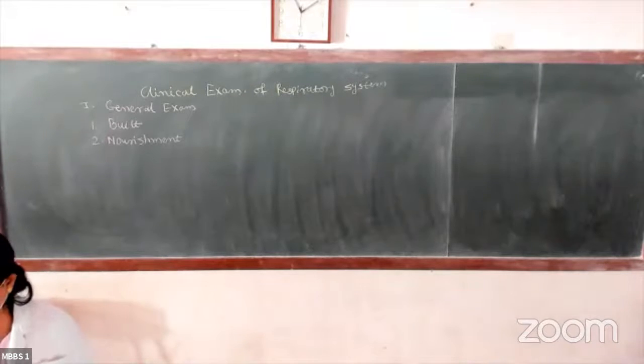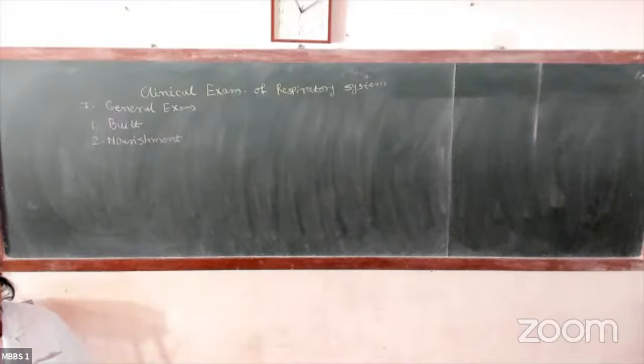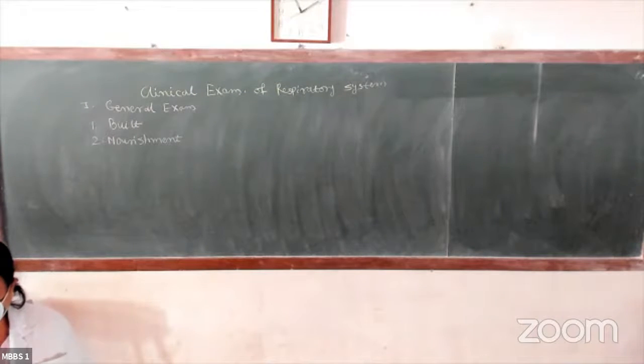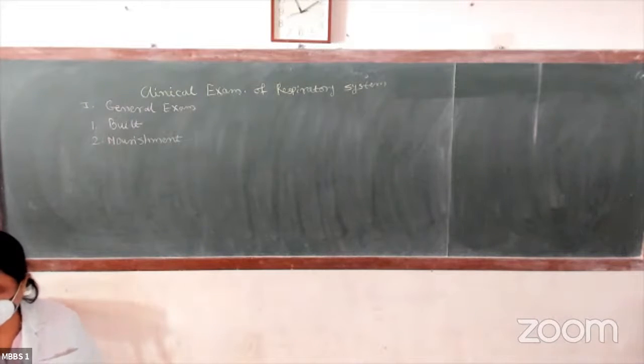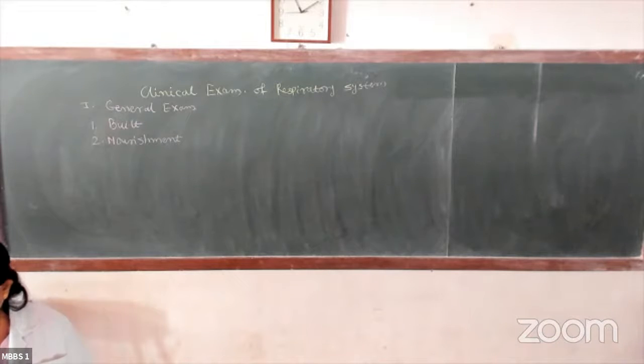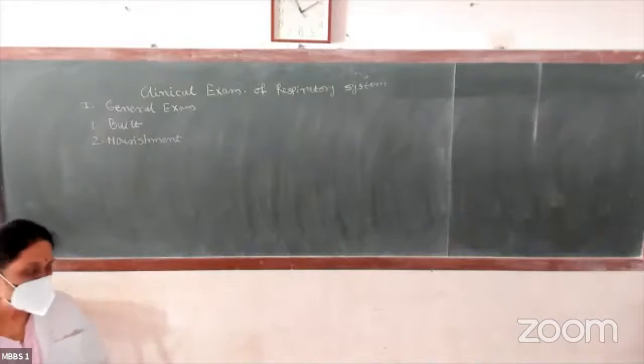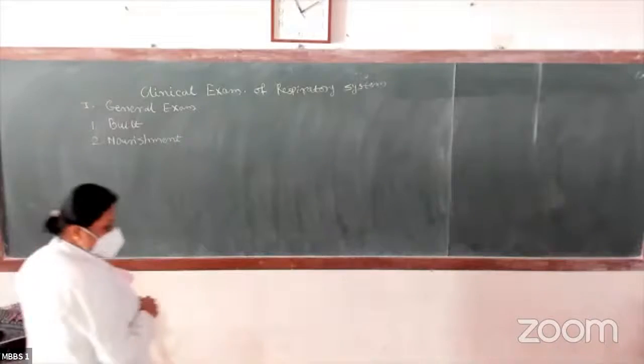Suppose the patient has tuberculosis. His nourishment will be normal or thin, with weight loss. There is weight loss in chronic conditions, any illness which lasts for many days. So in tuberculosis also, there is weight loss. So the second point is the nourishment.